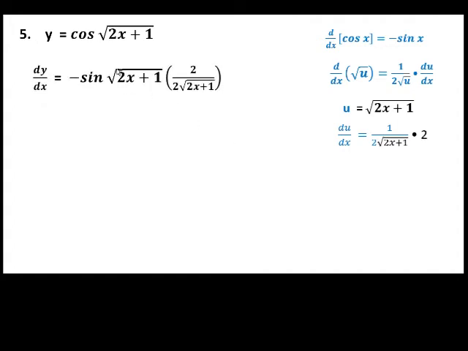So here, first we have the derivative of cosine, which is negative sine of this function, the square root of 2x plus 1, times, by the chain rule, the derivative of this u, which is this one. Multiply 1 and 2, then cancel out 2, then simplify. This is the derivative of the function.